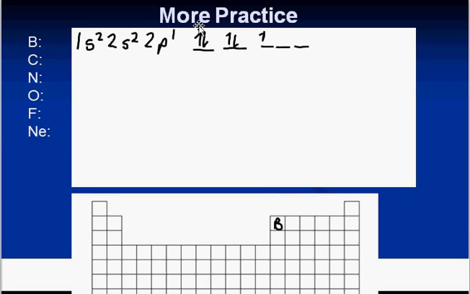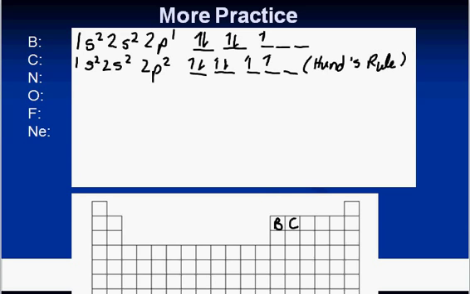So when I look at my orbital diagram, I've got my 1s orbital diagram, 2s, but now I've got 2p. And because this 2p can hold a total of 6 electrons, I do have to show all 3 of these little orbital diagrams, or all these 3 orbitals within this orbital diagram for p.